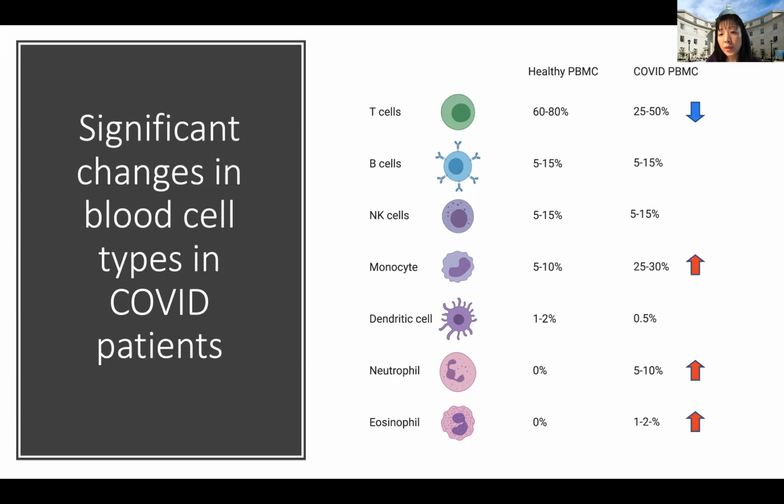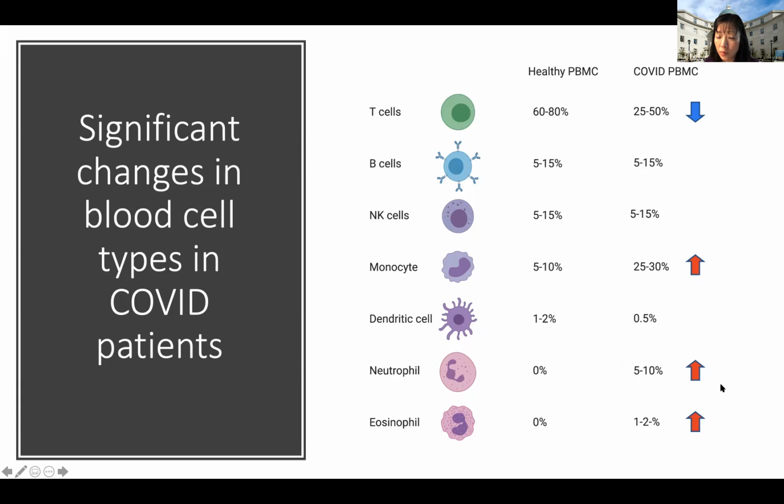However, when we examined COVID-19 patients, what we saw was a relatively dramatic drop in the percentage of T cells that composed PBMC, and also an increase in monocytes, as well as these granulocytes, which are usually too high density to enter the PBMC collection, but in this case, they consisted of these low density neutrophils and eosinophils that were elevated in COVID patients.